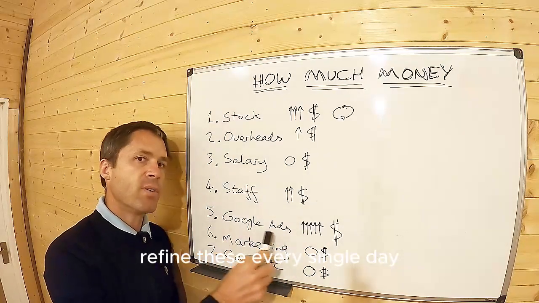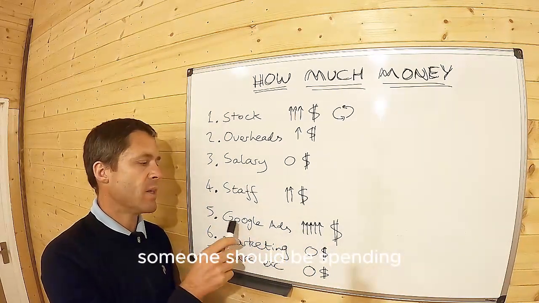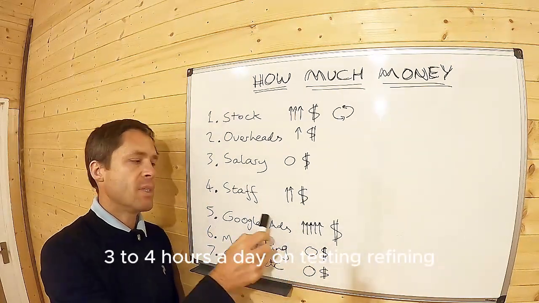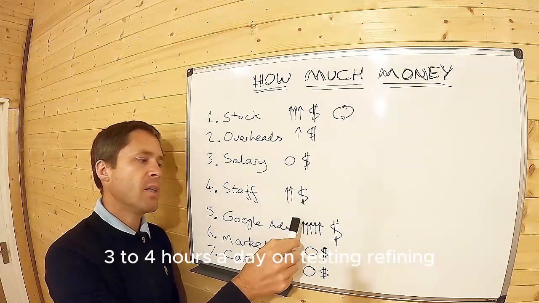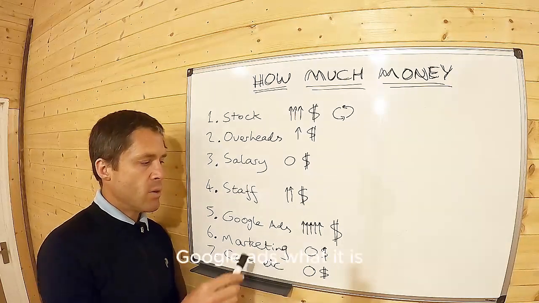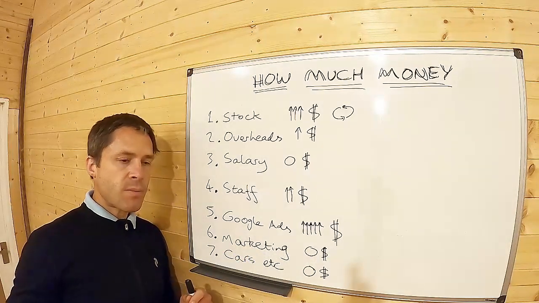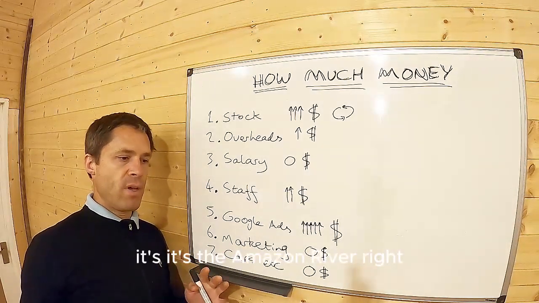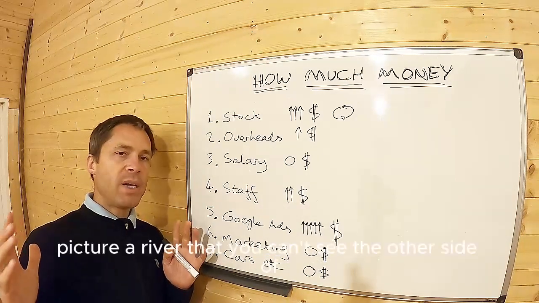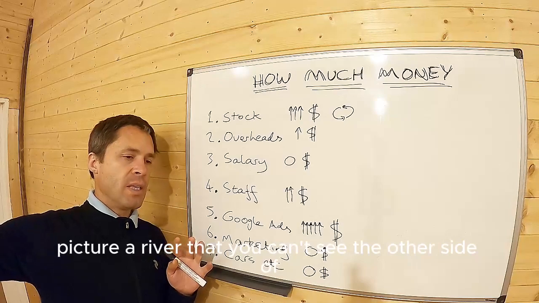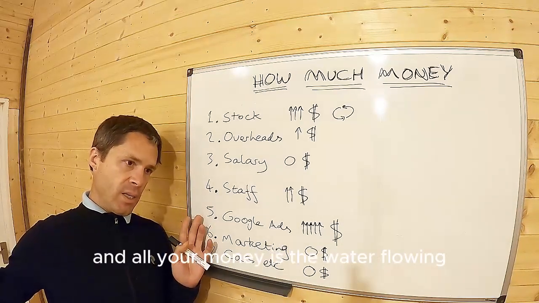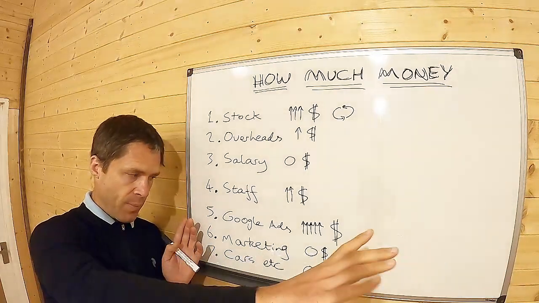Refine these every single day. Someone should be spending 3 to 4 hours a day on testing, refining Google ads. Google ads, what it is, it's the Amazon River, right? Picture a river that you can't see the other side of, and all your money is the water flowing.